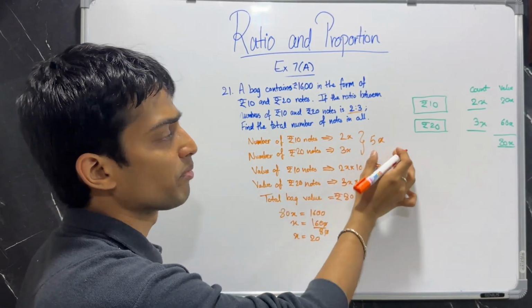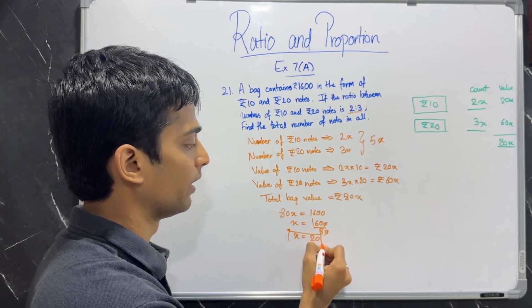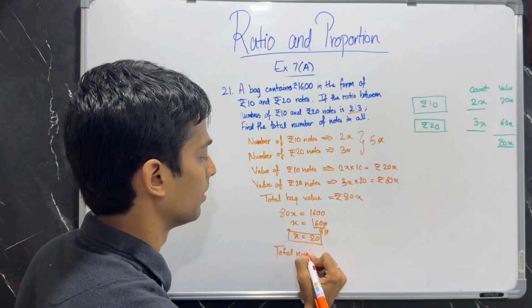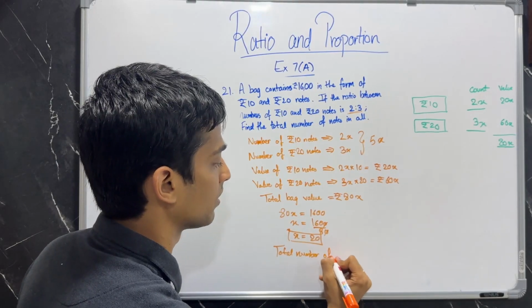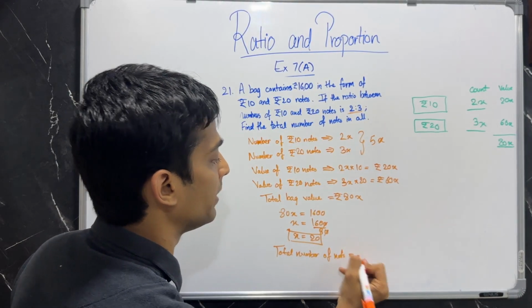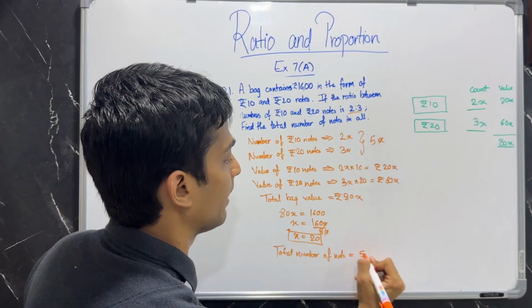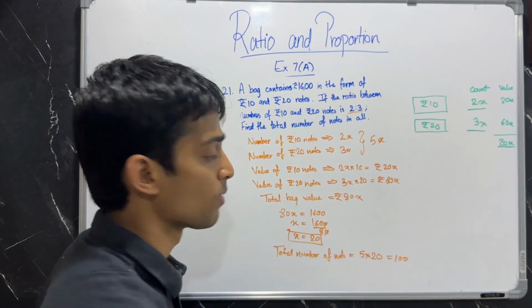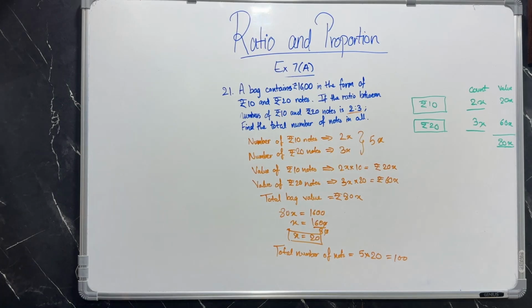Total number of notes will be 5x, but x is 20. So total number of notes will be 5 into 20, which is nothing but 100. So this is your final answer.